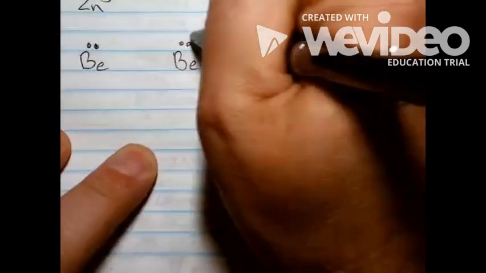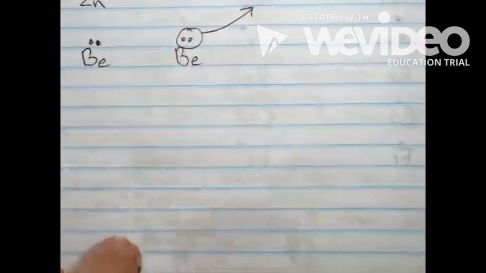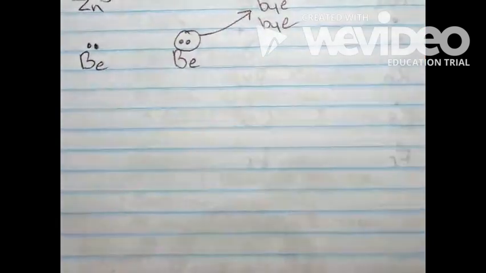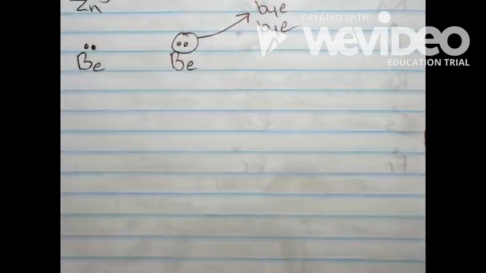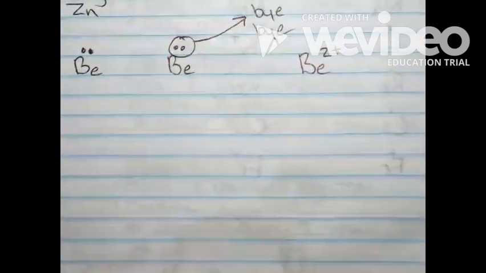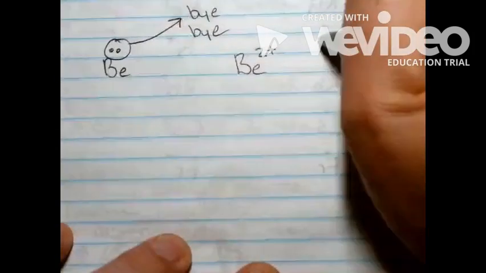These electrons are pulled away from beryllium by a strongly electronegative atom. So those electrons go away. When they go away, beryllium becomes +2, or 2 positive. When that happens, it's stable.